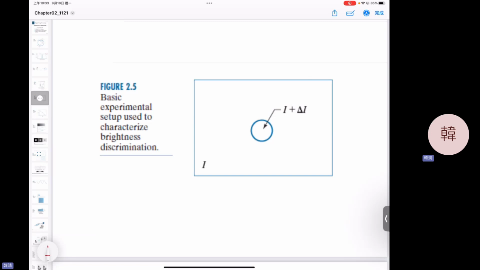When you see the difference, you say, yes, they are different. You can see the center intensity is different from the background. It's very easy. In the center hole, you can modify the intensity level by adding some different intensity, making it lighter, shinier.